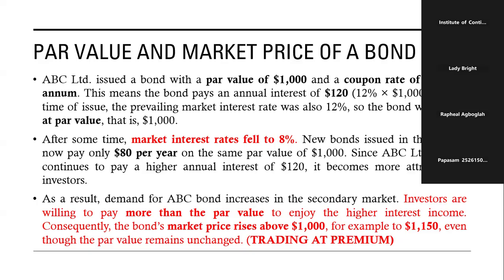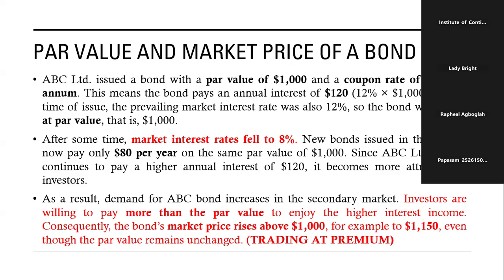At the time of the issue, the prevailing market interest rate was 12%. So the bond is issued at par. Market rate is 12%, coupon rate is 12%. So on the market, everything is okay. You take it as it is, at par.